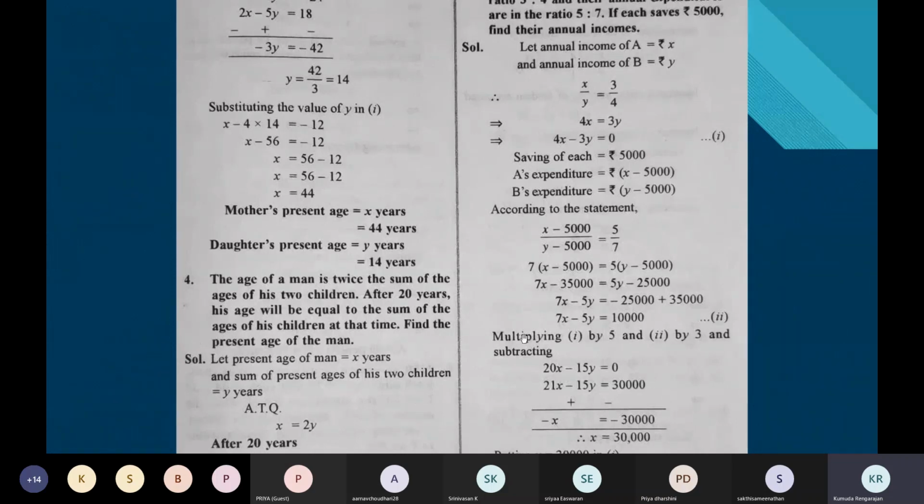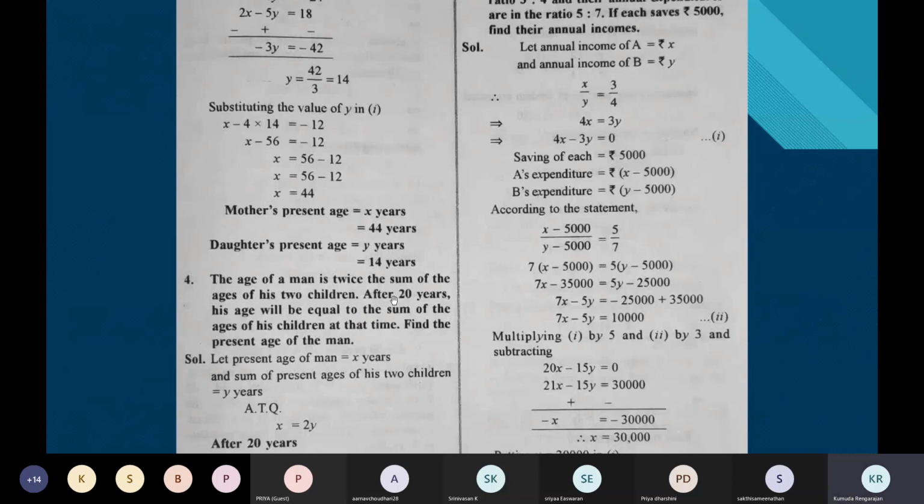So applying that here, the sum of the ages is y. After 20 years, there are 2 children, y plus 20 plus 20. The sum will increase by 40.